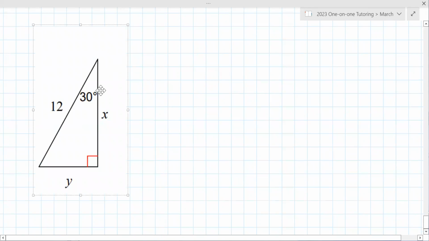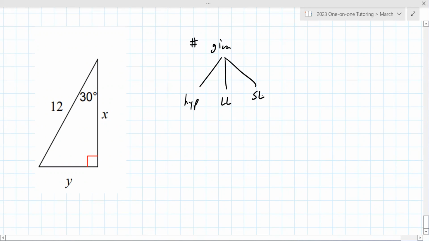So you have to decide whether the given number is the hypotenuse, the long leg, or the short leg. Doing so allows you to know which equations you have to do to solve it. So are they giving you the hypotenuse, the long leg, or the short leg?